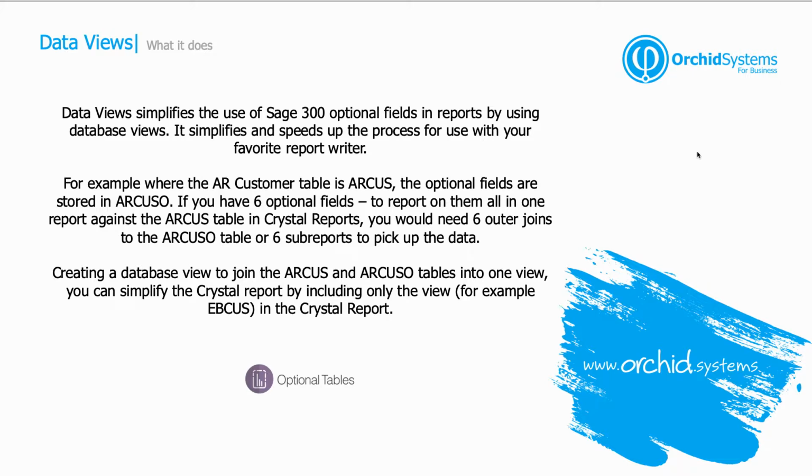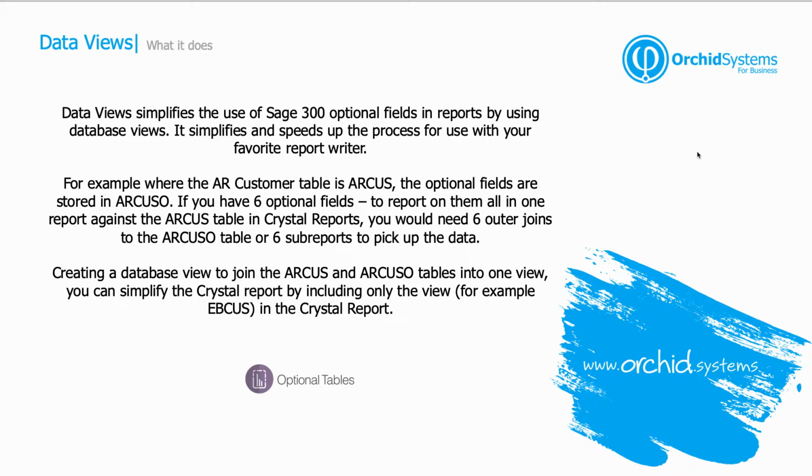For example, where the AR customer table is AR CUS, the optional fields are stored in AR CUS-O. If you have 6 optional fields, to report on all of them in one report against the AR CUS table in Crystal Reports, you would need 6 outer joins to the AR CUS-O table or 6 subreports to pick up the data.